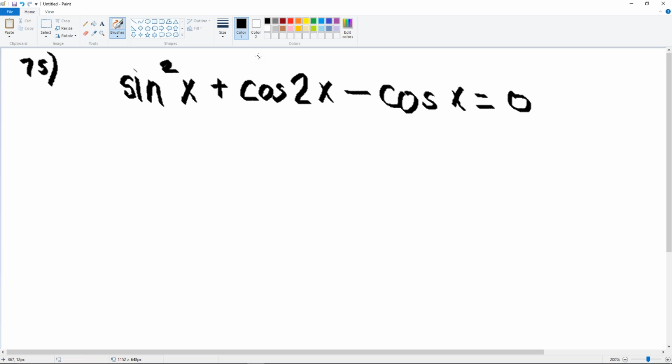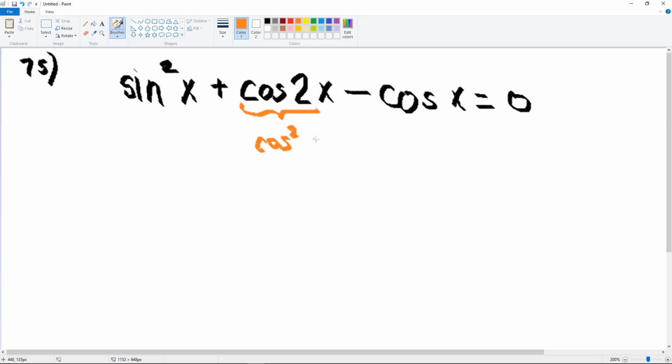What did you say the next step was? I was asking, would it be sine squared of x plus cosine of x equals 0? No, there's an identity for this. That one has 3 different identities. We're going to use this one.